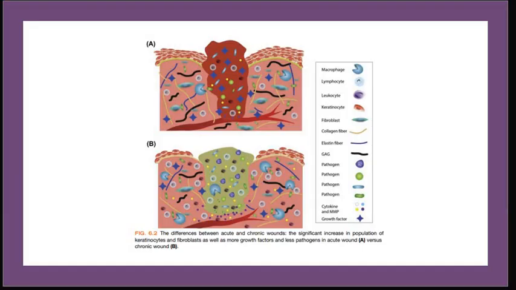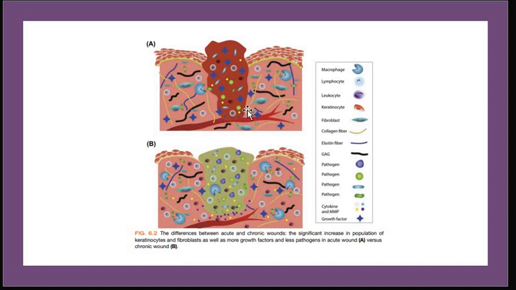Most importantly, we need to know the difference between acute wound and chronic wound. This is the picture and scenario that happens in any acute wound. An acute wound usually heals within a duration of 6 weeks, and a chronic wound takes more than 6 weeks to heal. That is why my professors usually say that if the wound takes more than 6 weeks to heal, then there is a high chance of hypertrophic scarring over the wound.